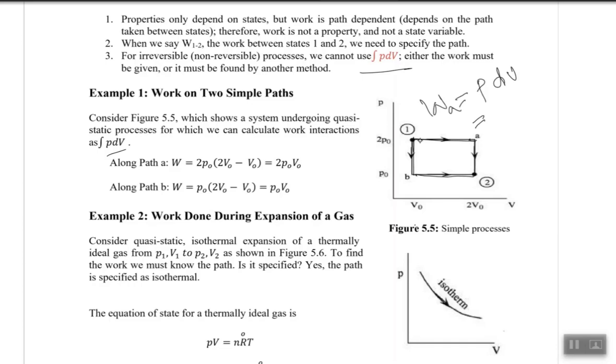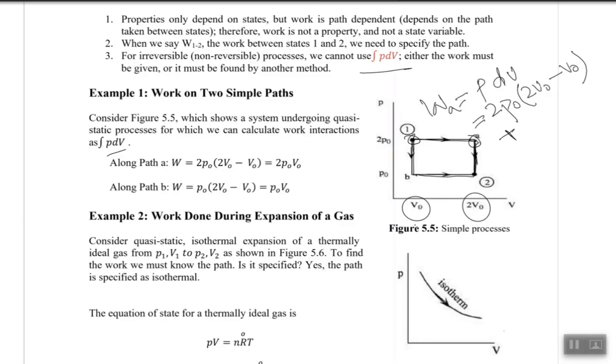Let's say path A. First, I'm changing from this place to this place, keeping the pressure constant, which is equal to P0, while changing the volume, so the total volume change was 2V0 minus V0. Plus, I have another leg over here, which we call a process.